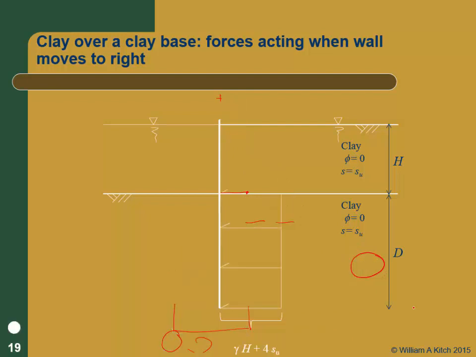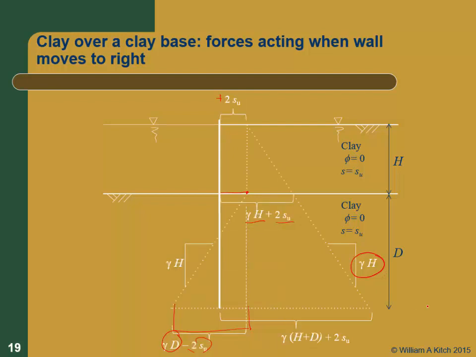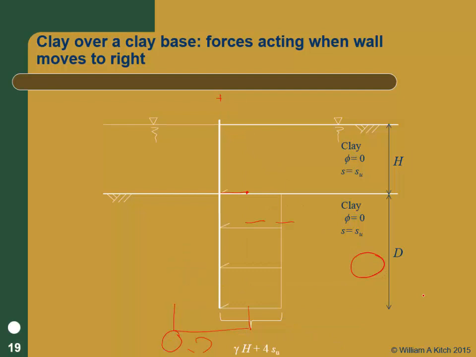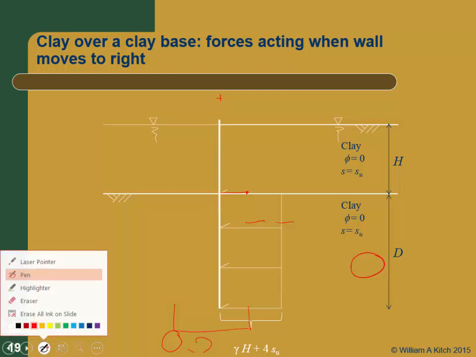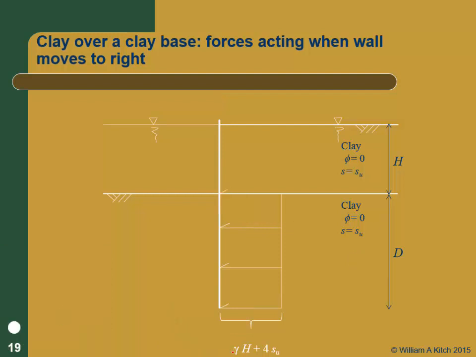So my net pressure acting here is just going to be gamma H plus 4SU.